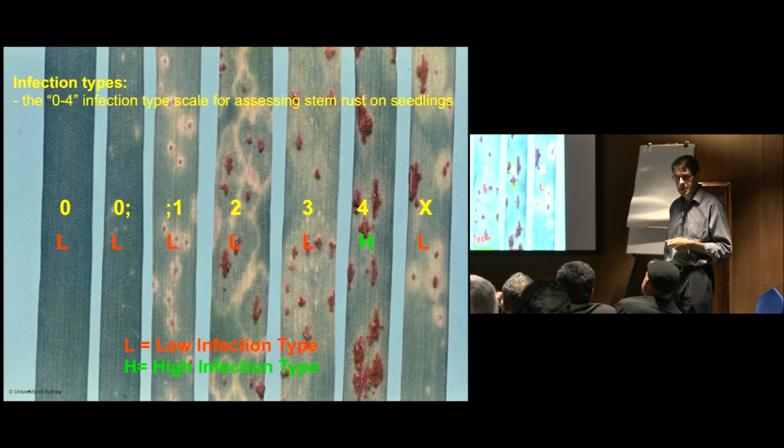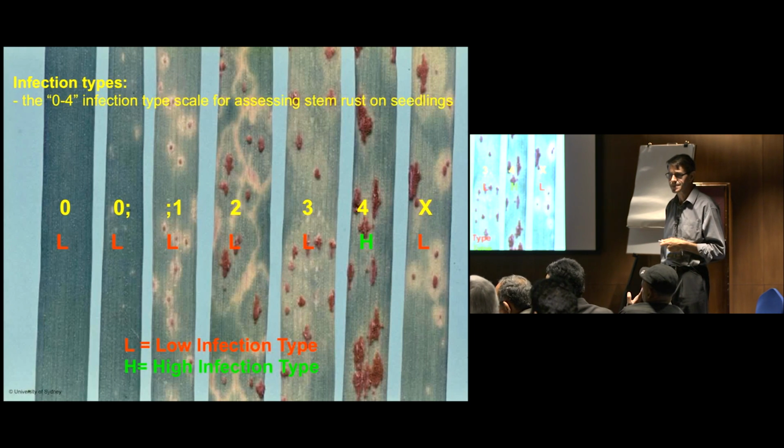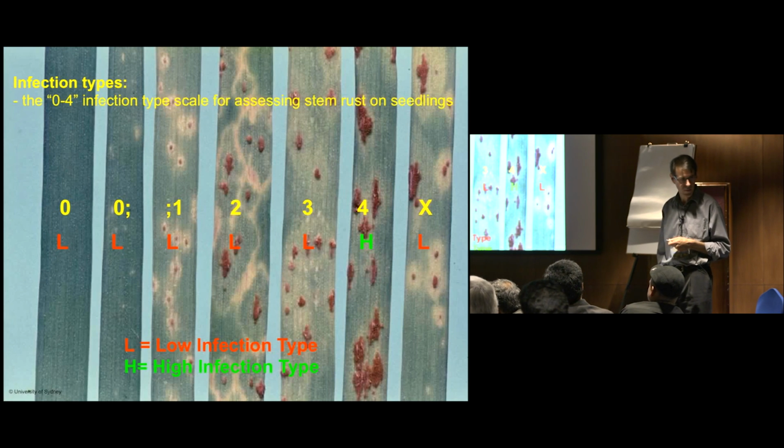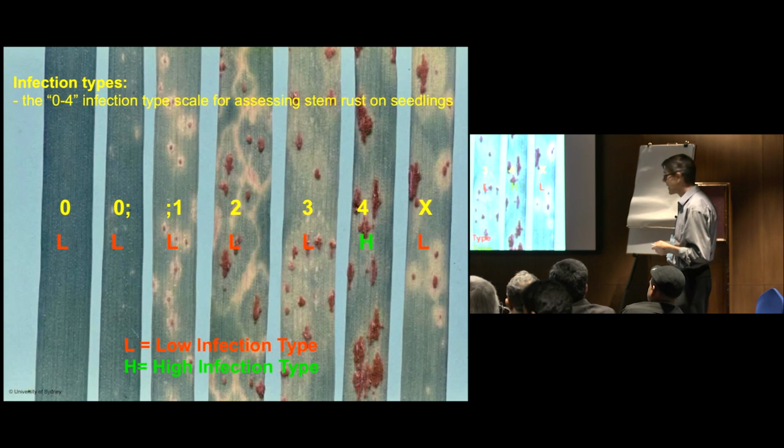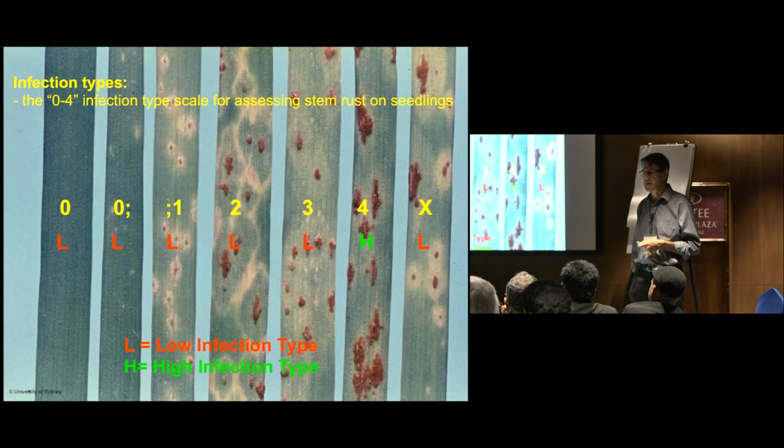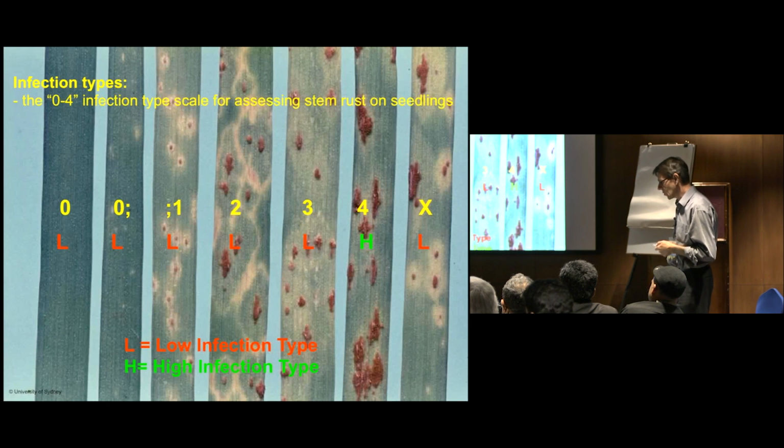How many people have seen a picture like this? The different infection types that we have to rusts. You'll see this if you read the literature on rust where people are reporting on either rust isolates or resistance, and they're talking about seedling reaction. They use infection types on what we call a 0 to 4 infection type scale.